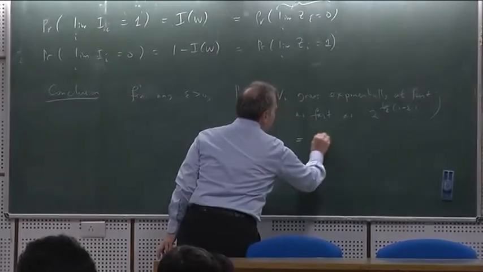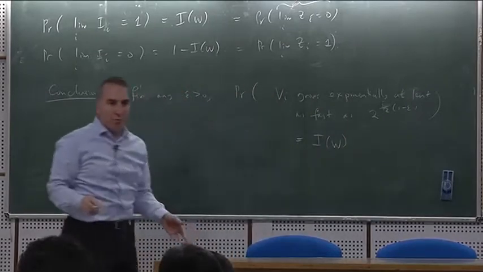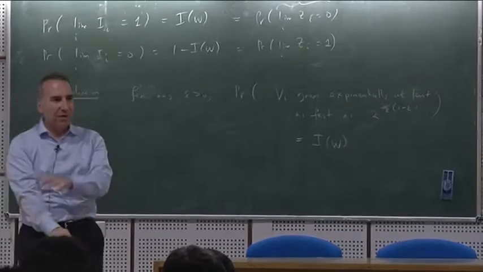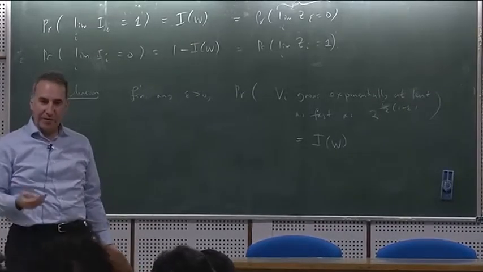So this is the same as when zi goes to 0, the vi is growing exponentially fast.